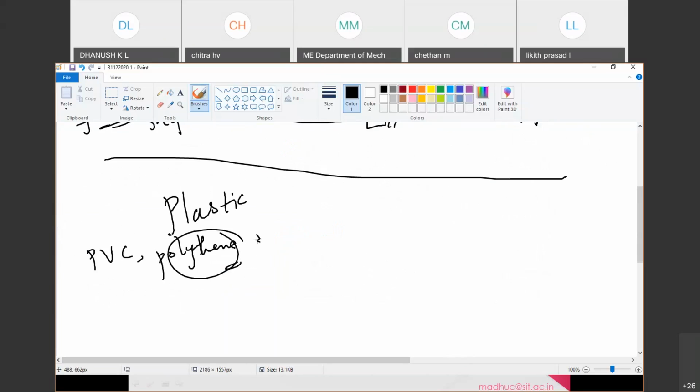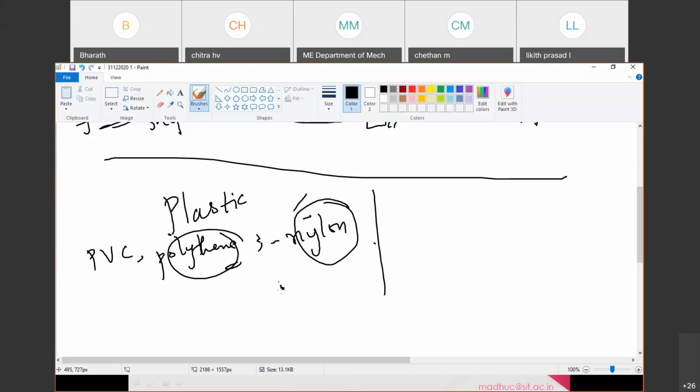Then nylon. But nylon, I think it can come back if you put some low pressure, and there is a possibility that it will regain its shape. But there will be some kind of deformation. We'll come to that.